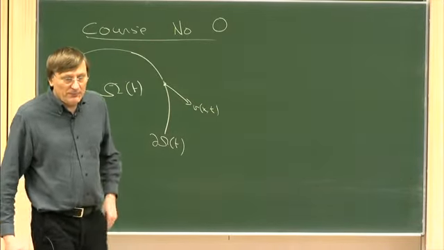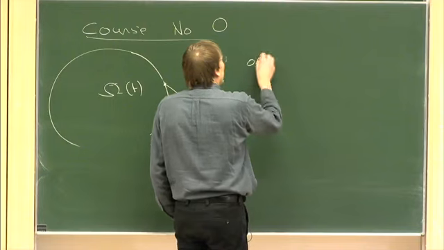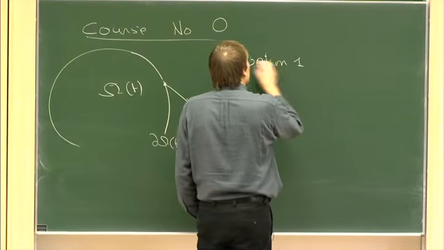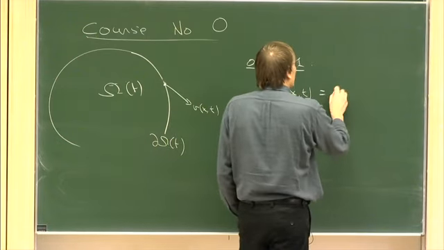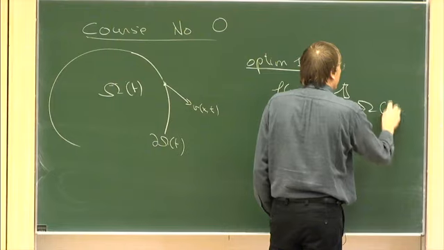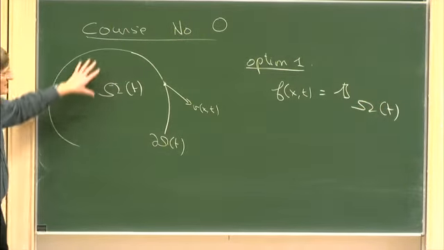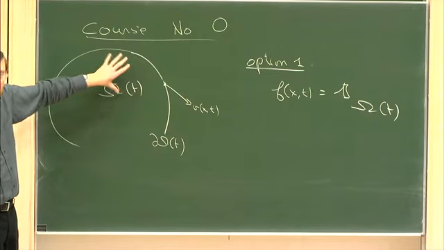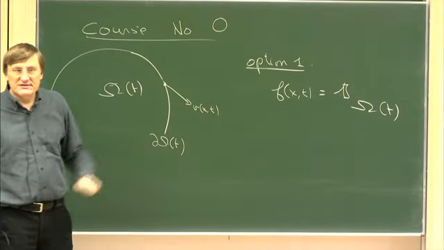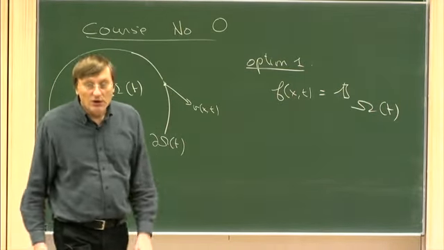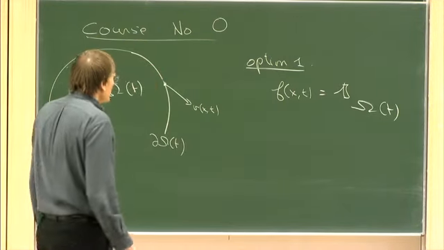An example, the first option for that, is to speak simply of the indicator function. So you consider this function f of x and t, which is defined by 1 inside the domain you are interested in, 0 outside, and now the free surface is just the discontinuity of the function f.